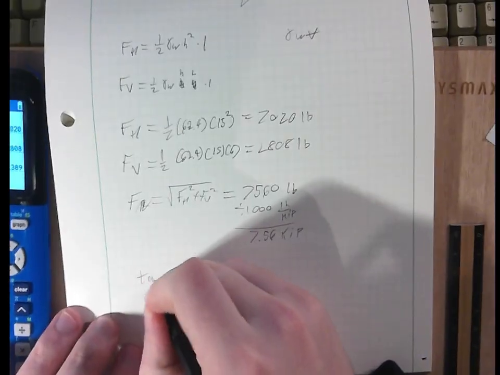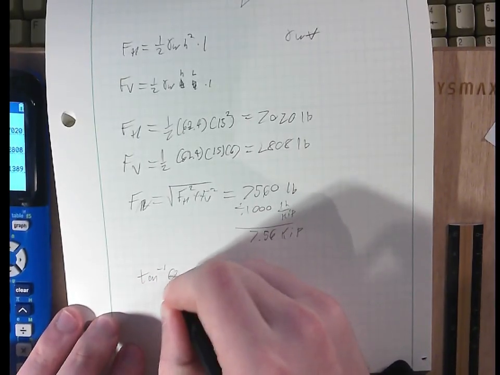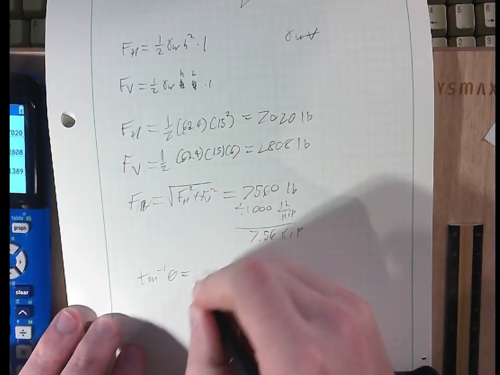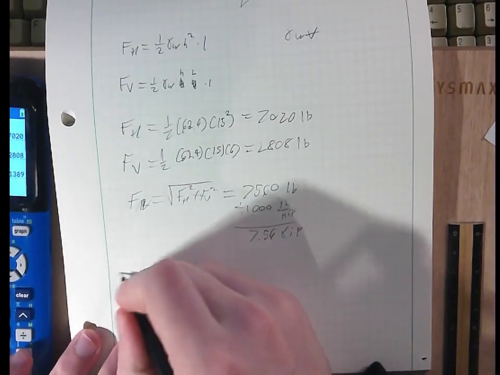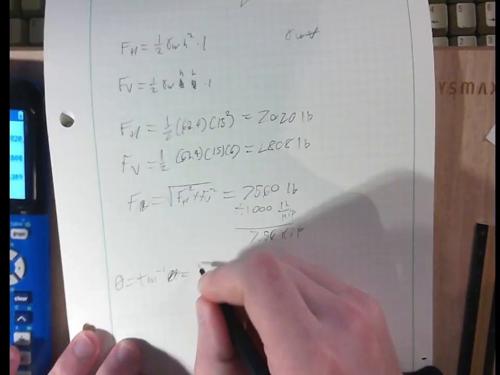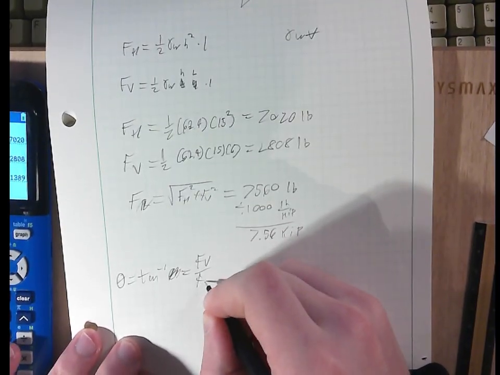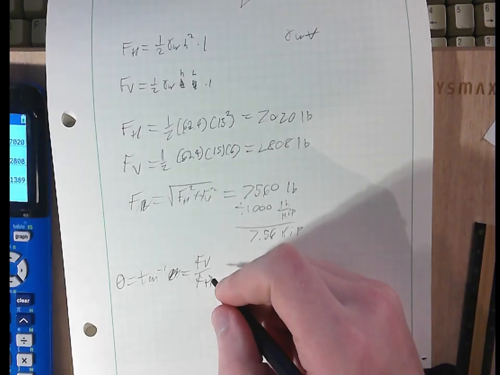So tan inverse theta is going to be, or did I write that backwards? Should be theta. Yeah. Theta equals tan inverse of FV over FH, y over x.